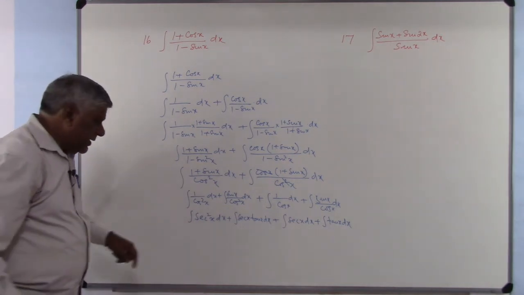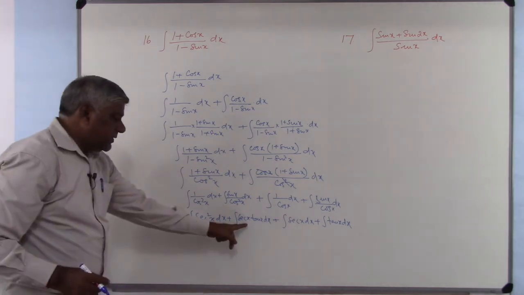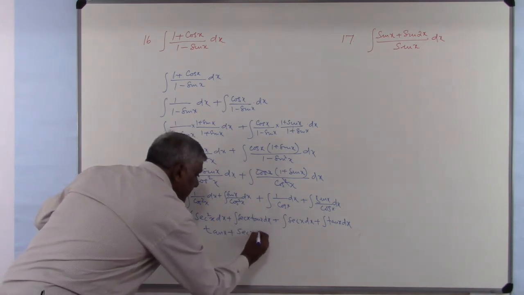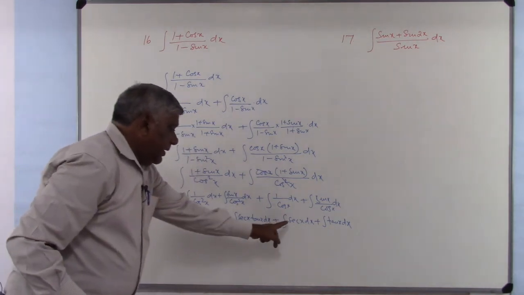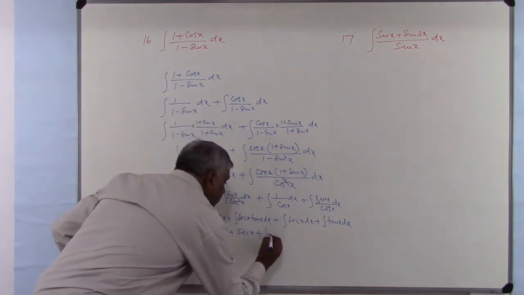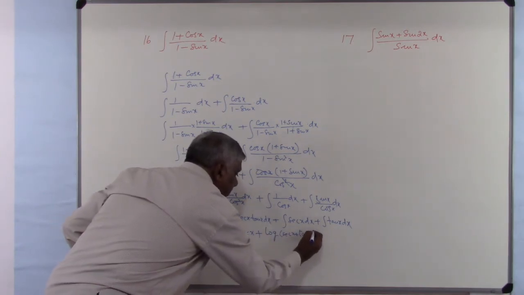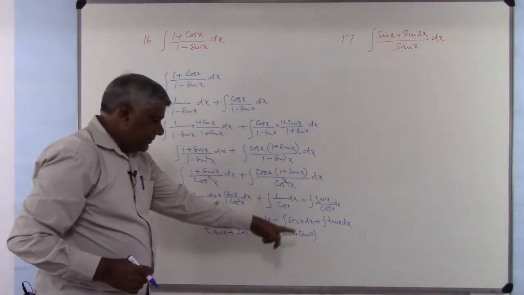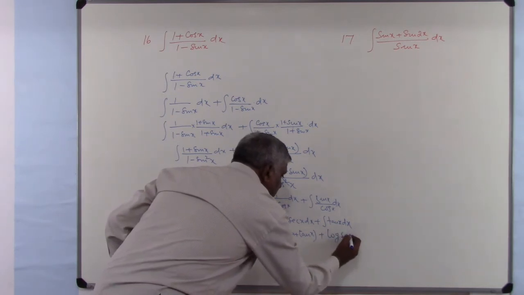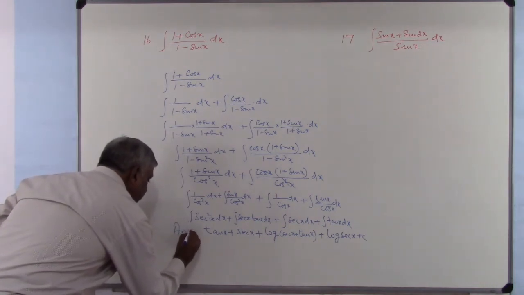Integral secant square x dx is tan x, plus integral secant x tan x dx is secant x, plus integral secant x dx is log of secant x plus tan x. This is the formula. Plus integral tan x dx is log secant x, plus c. So this is the answer.